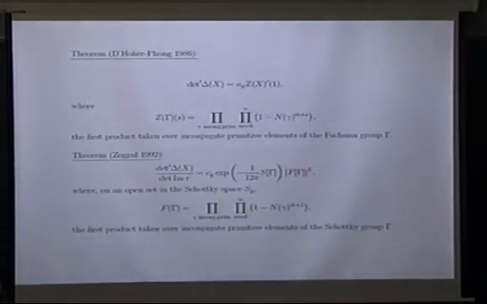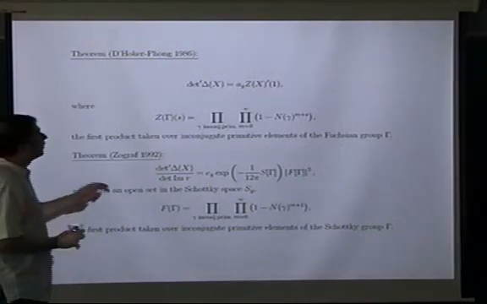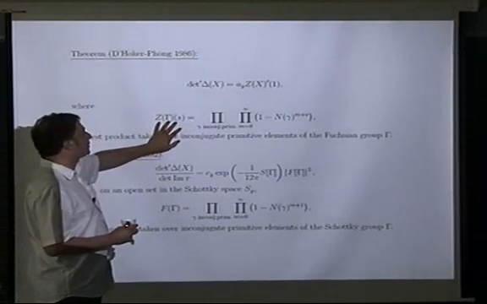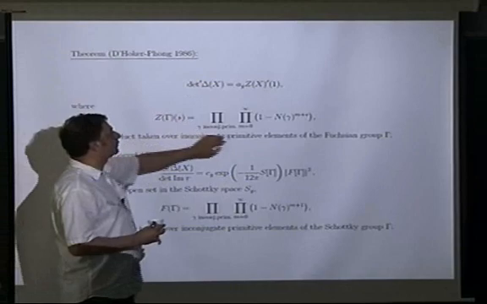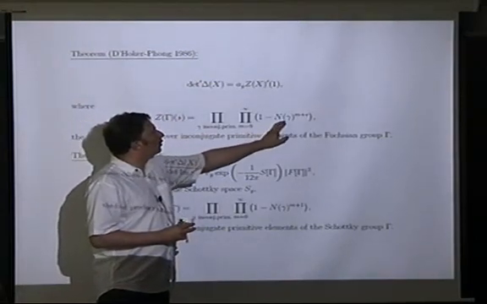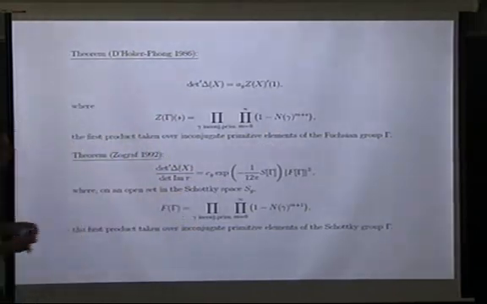So now, the D'Hoker-Phong result is that the determinant can be written as a special value of the Selberg zeta function, which is this product over multipliers for the Fuchsian group.